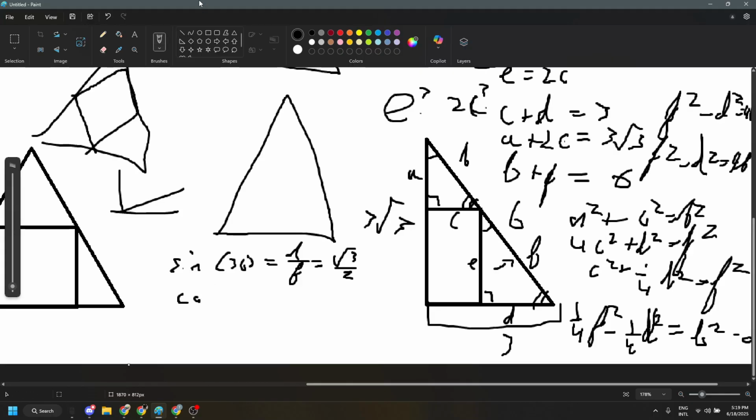Cosine of 30 is equal to E over F is equal to root 3 over, wait, what am I talking about? Cosine of 30 is equal to 1/2. So if we cross multiply, 2E is equal to F.